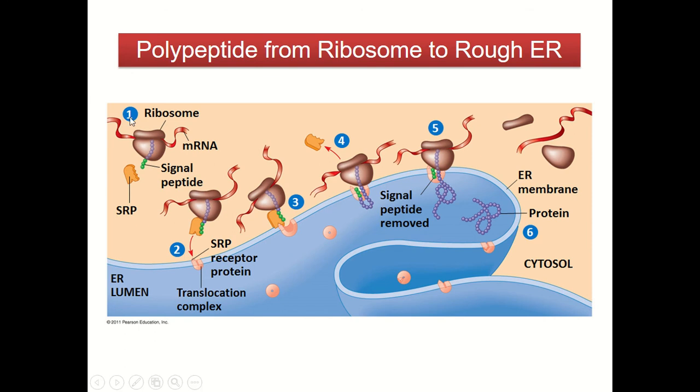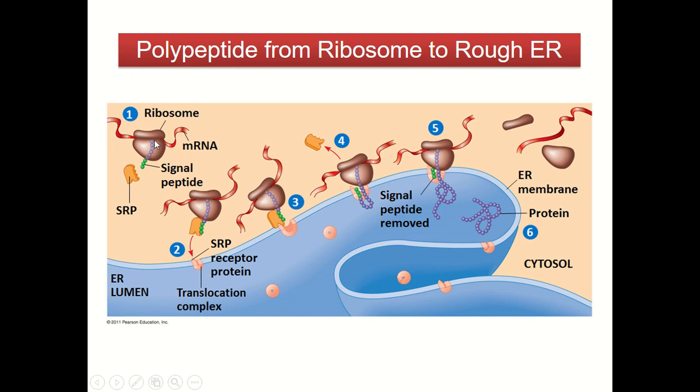So now the protein will be released to the endoplasmic reticulum here. So how will they release the protein into the endoplasmic reticulum instead of the cytoplasm?